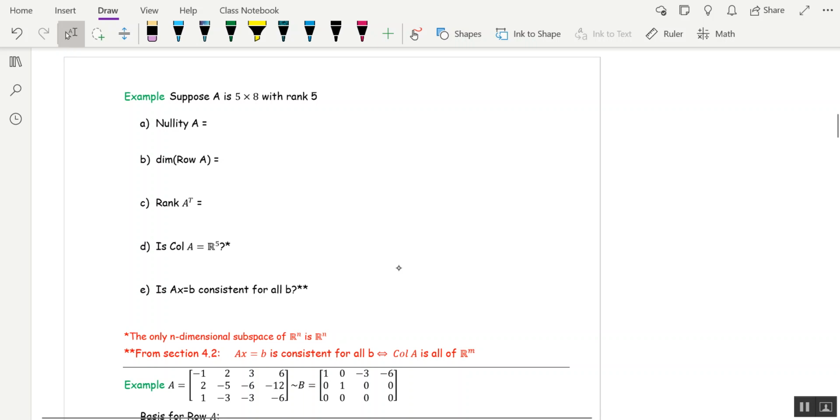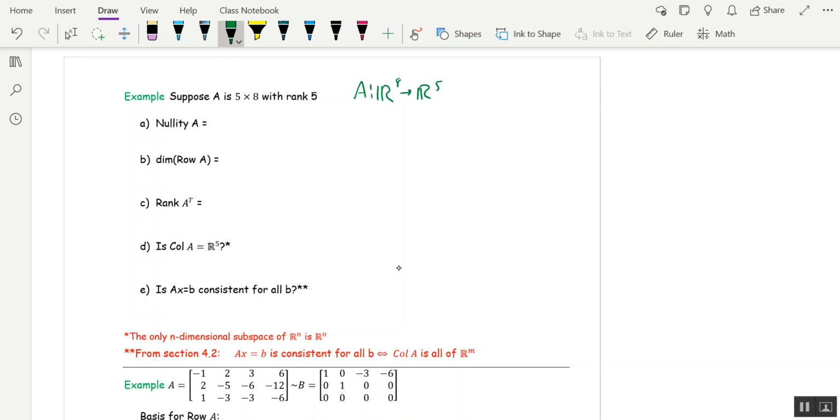So suppose A is 5 by 8, and it's got rank 5. So think of A as a map from R8 to R5. And the rank of A is 5, meaning the dimension of col A is 5.